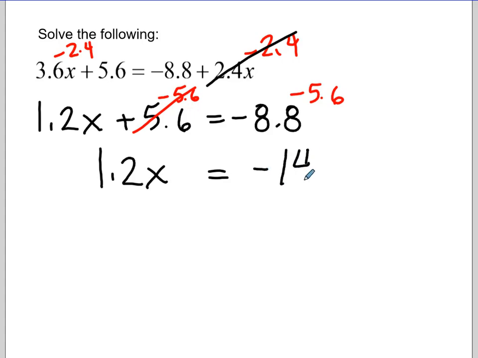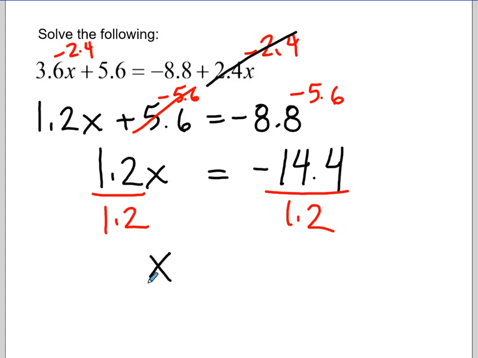That's negative 14.4. Fantastic. And then I'm going to divide both sides by 1.2. And I should come up with, yay, look at that, a nice negative 12. So after all that scariness, we actually got a really nice answer.